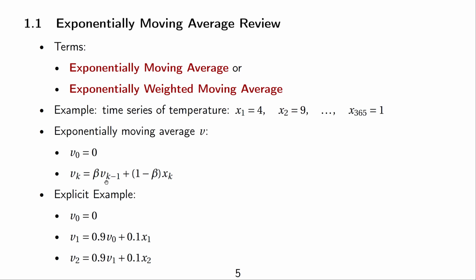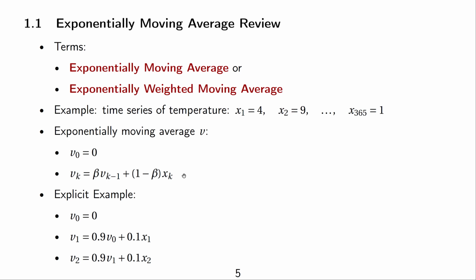We'll discuss it shortly. So beta times whatever the exponentially moving average was at the last time step, plus 1 minus beta times the new information that comes in. So in our particular example of temperature, this would be the new temperature value at time k.